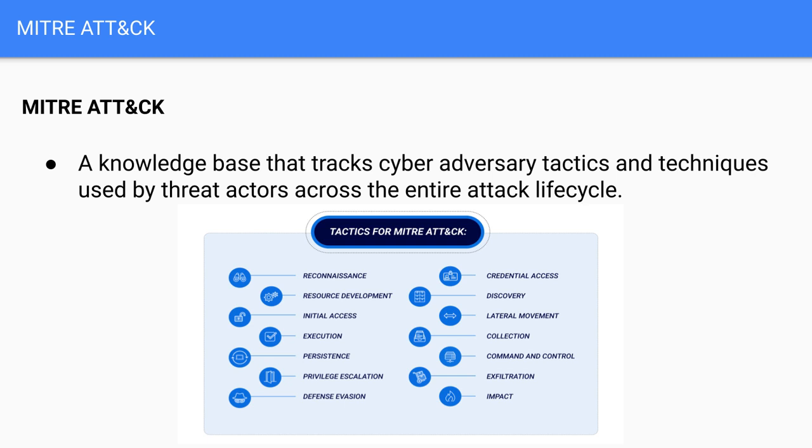So before we continue, let's take a quick view of MITRE ATT&CK to get more familiar with this framework.